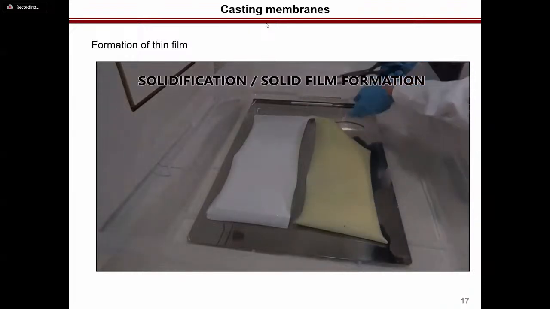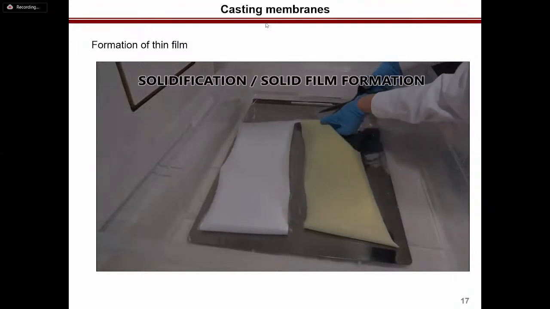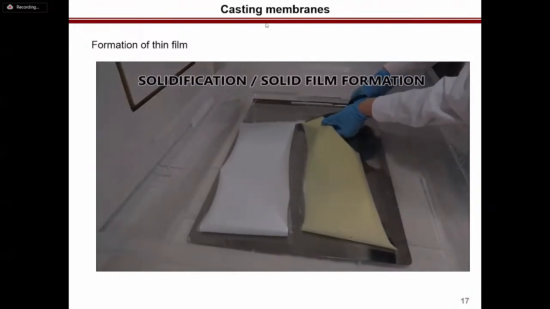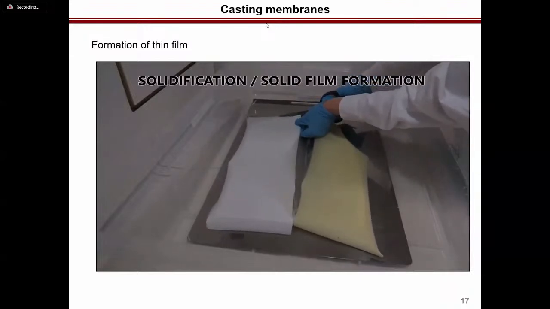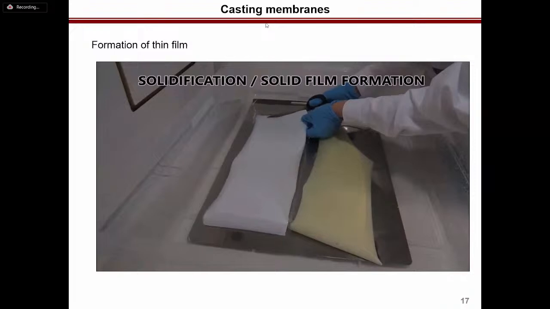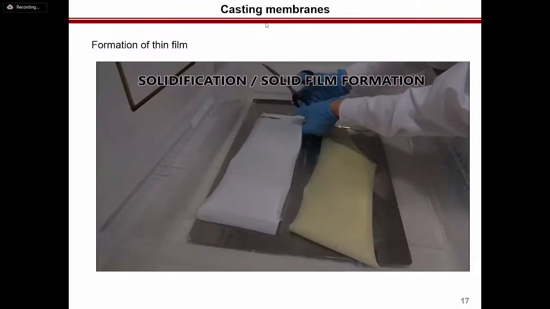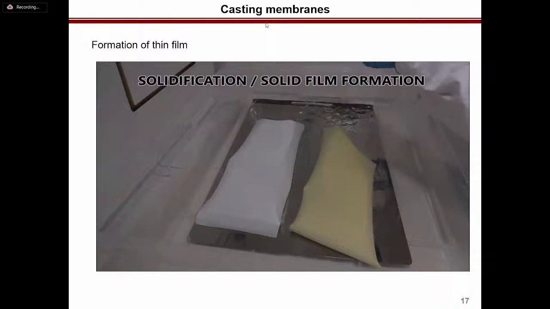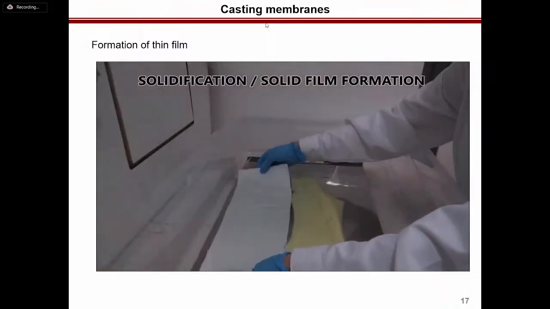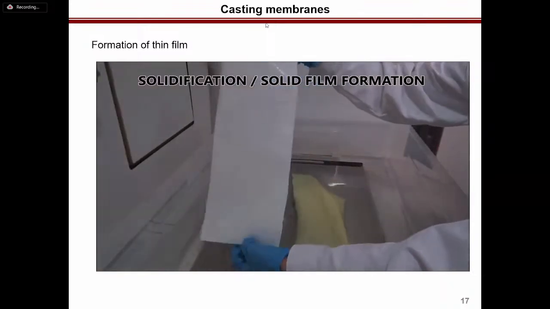That's what we call phase inversion. So this method is phase inversion. Here your membrane is ready now. You can see immediately when you put it in the water, it's coming out. So it is ready and you can use it.